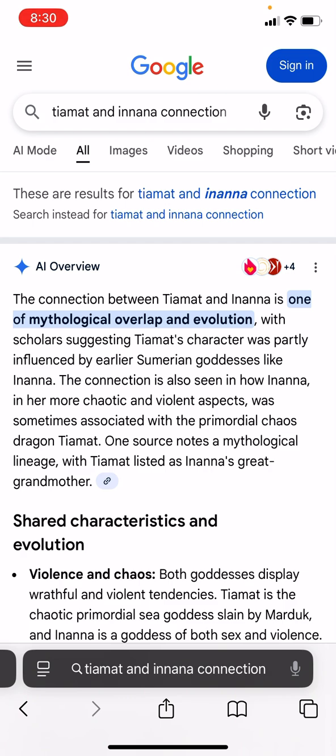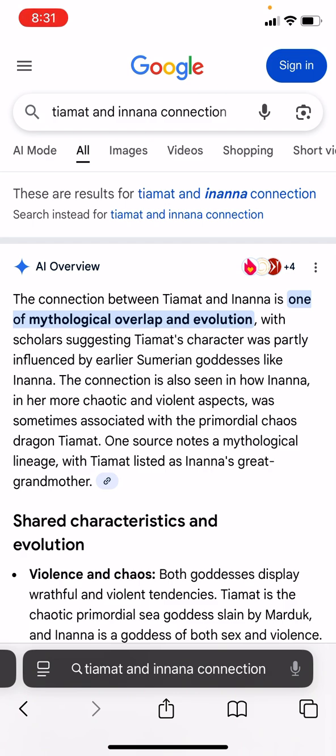The connection is also seen in how Inanna, in her more chaotic and violent aspects, was sometimes associated with the primordial chaos dragon Tiamat. But Inanna represents Venus, though. It says one source notes a mythological lineage, with Tiamat listed as Inanna's great grandmother.